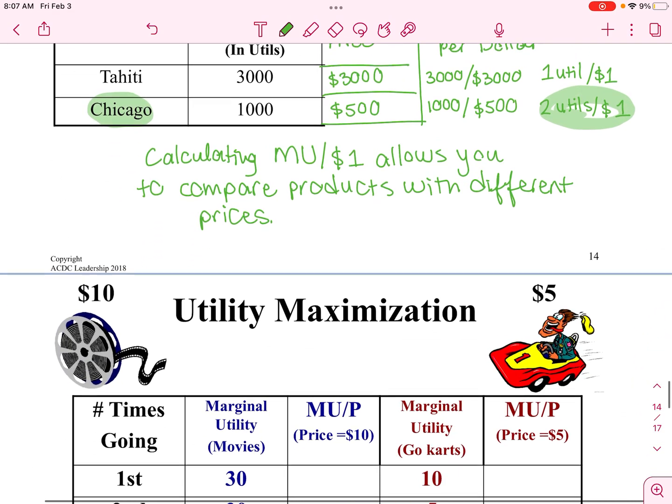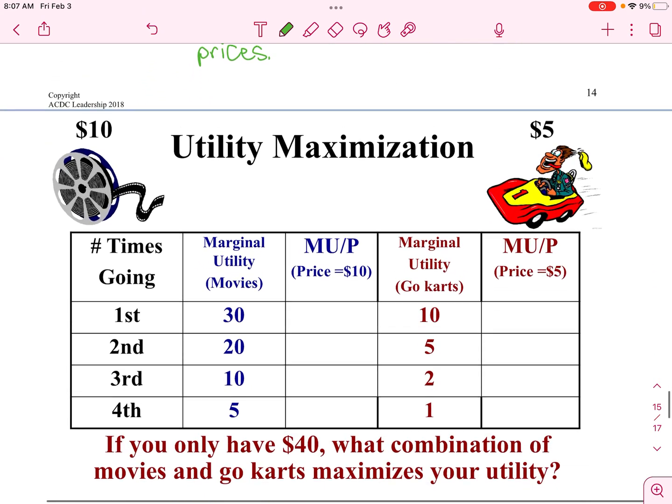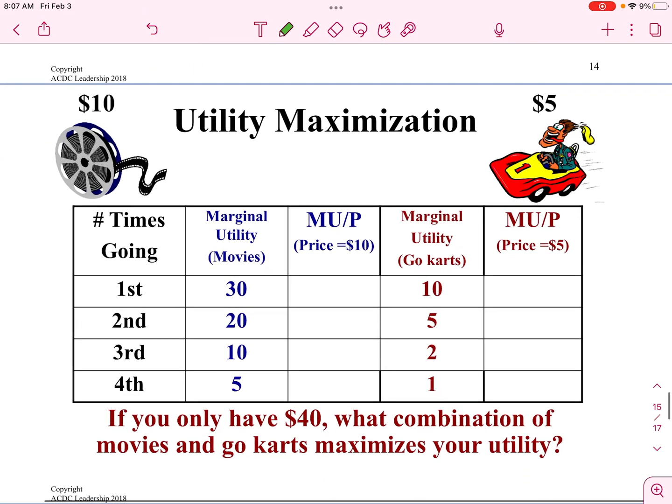So in our example here, we are deciding whether we want to go to the movies. Every time we go to see the movie, it is $10. Or we're deciding we want to go and race go-karts. Every time we go on the go-karts, it's $5. And we are given $40, and we want to spend all $40.